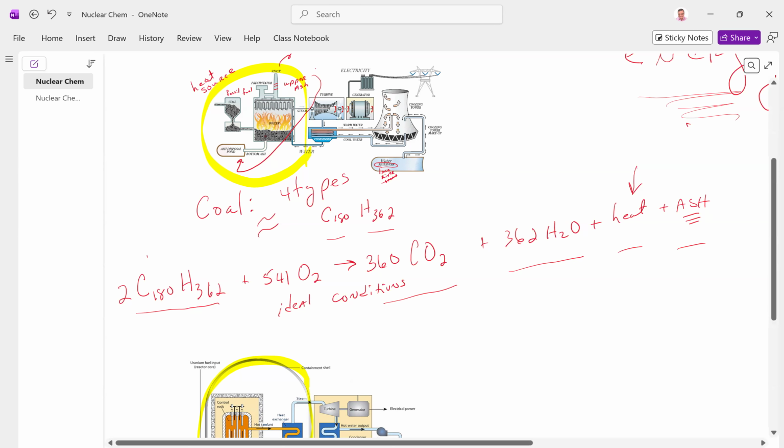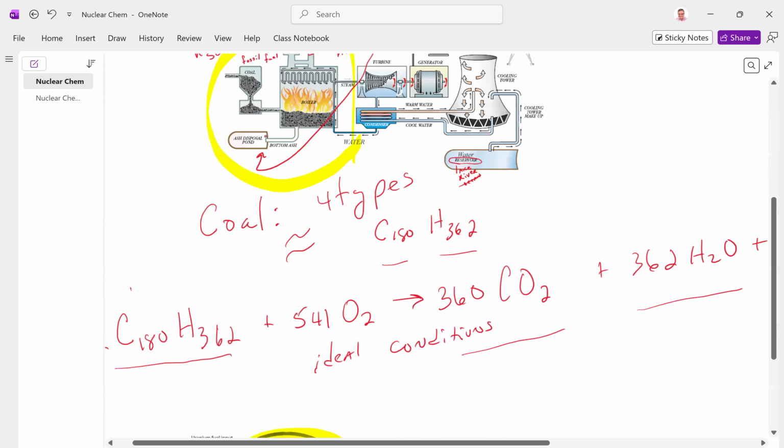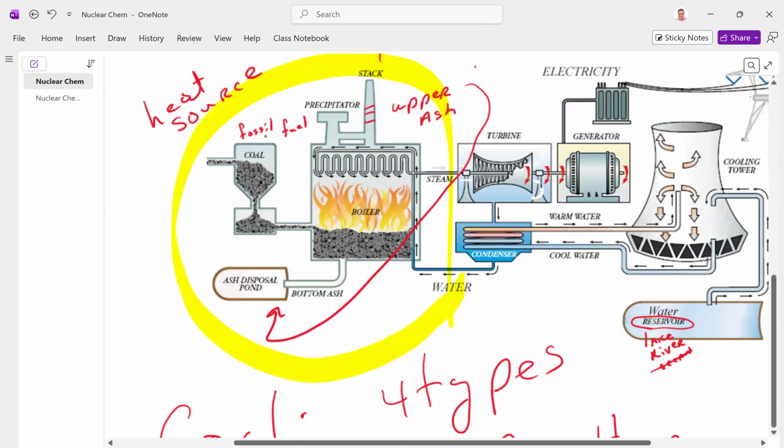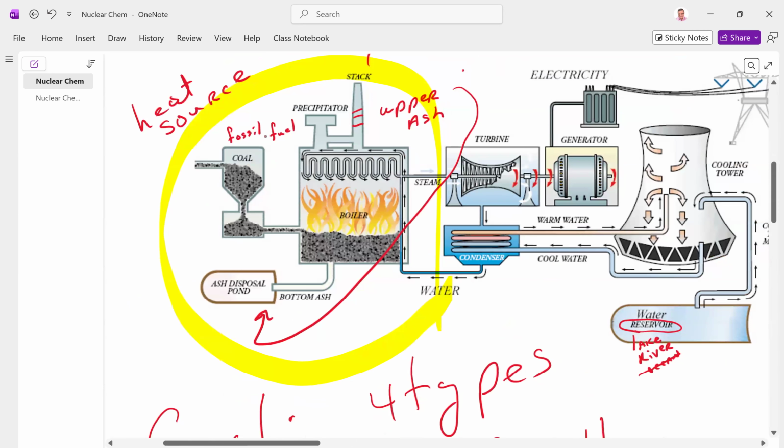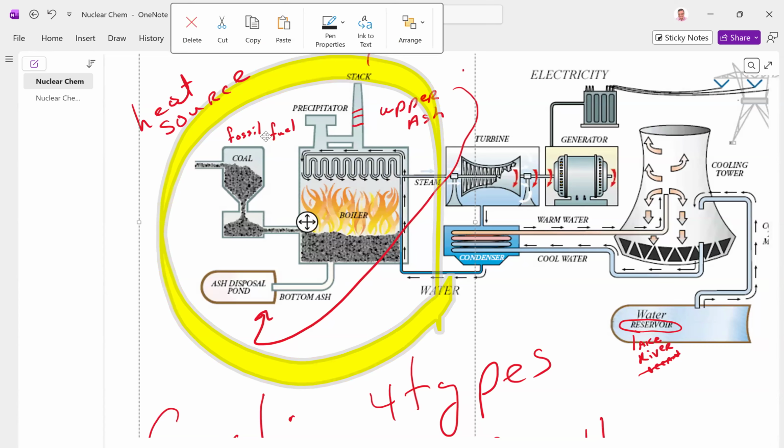There is no clean coal because coal produces ash. And then the question is, what do you do with the ash left over? Well, customarily, what they do is they put it in a pond. It's a black water pond. Horrible for the environment. Horrible.